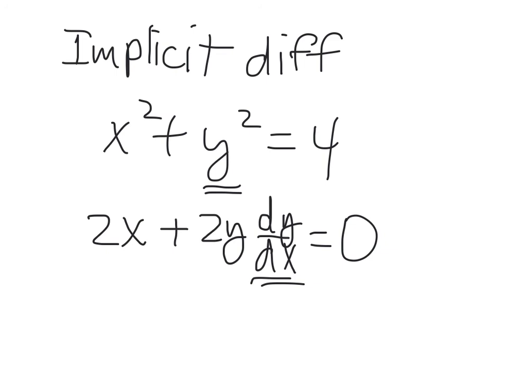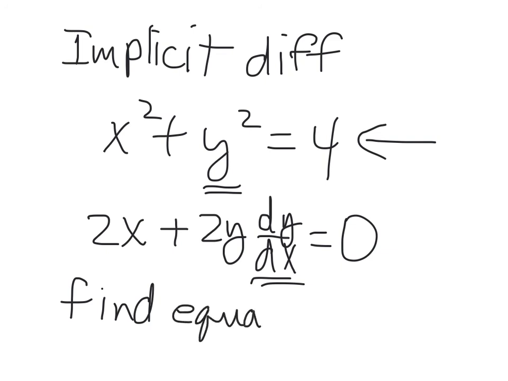Or an application of this, given an equation in this implicit form, you might be asked to find the equation of the tangent line. Of course, that sounds like a problem we did later as well. Find equation of the tangent line at a certain point.